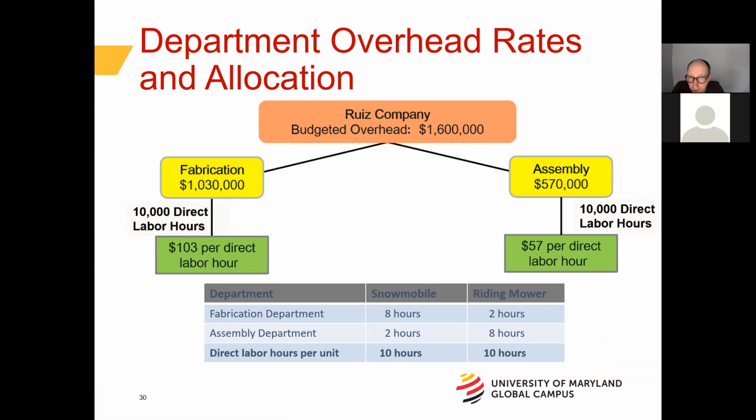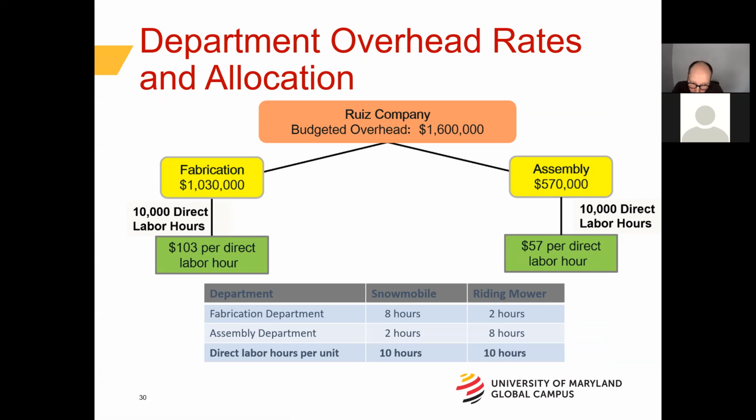Now, what do we do from here? We can see how long it takes for each product to go through the manufacturing process. Fabrication department: 8 hours for snowmobiles, 2 hours for riding lawnmowers. Assembly department: 2 hours for snowmobiles, 8 hours for riding lawnmowers. You take your $103 for fabrication, multiply that by the 8 hours for snowmobiles.